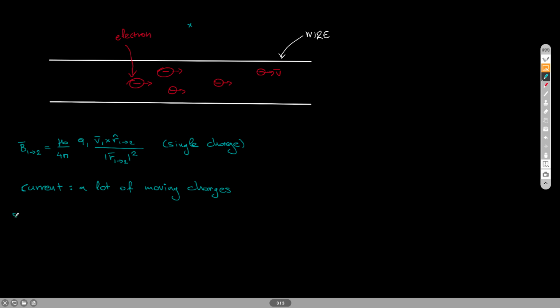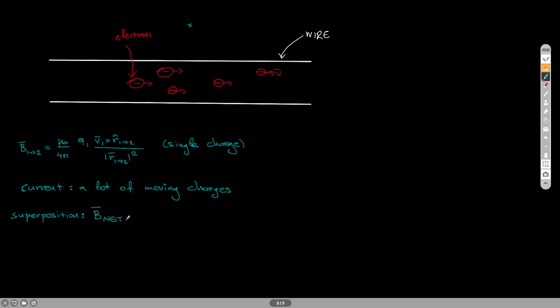Now, I know that if I have more than one charge, then what I need to do is use the superposition principle and say, that's fine, you have more than one, just find the magnetic field that each one of these creates at the observation location, and then just add them all together.